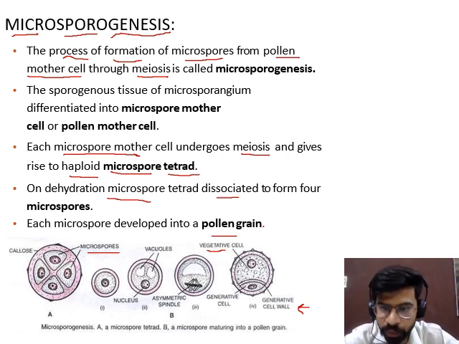Flower contains 4 structures: sepal, petal, androecium and gynoecium. Function of sepal and petal, androecium and gynoecium. Complete flower, incomplete flower or perfect flower. Then anther, filament, structure of anther, and the process of formation of pollen grain is known as microsporogenesis. This is all for today's lecture. Thank you.